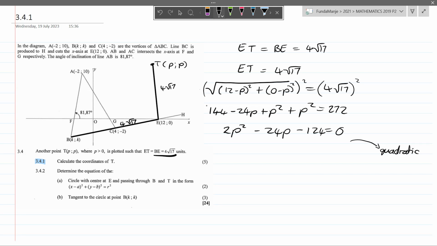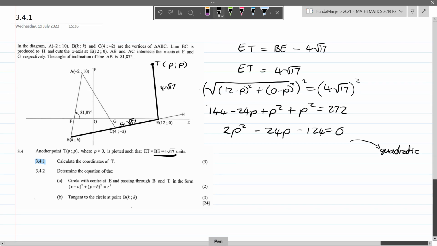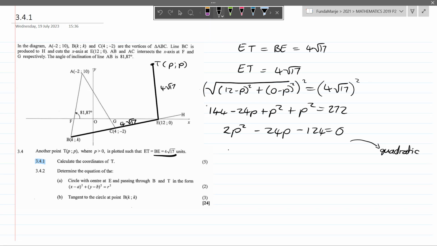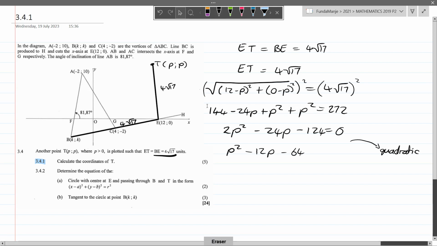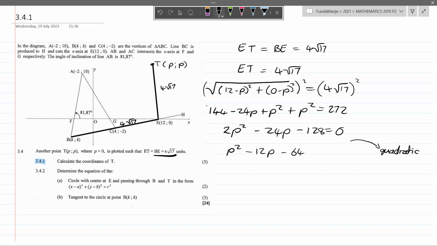It will return two values of P, of which you choose the correct one. But if you decide to go the route of dividing through by 2, you have P squared minus 12P minus 64, equal to 0.